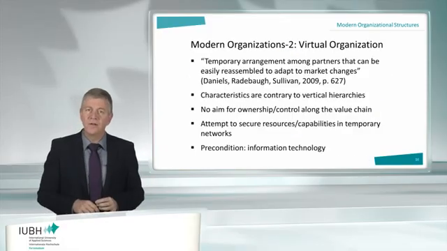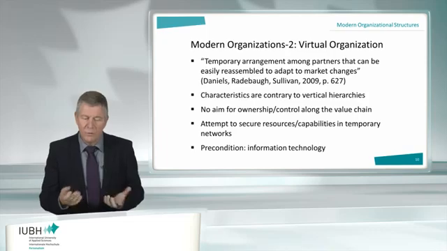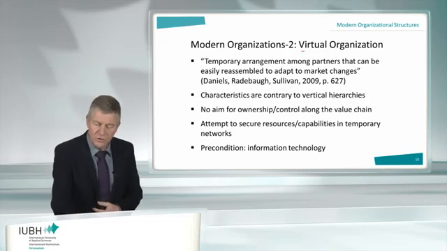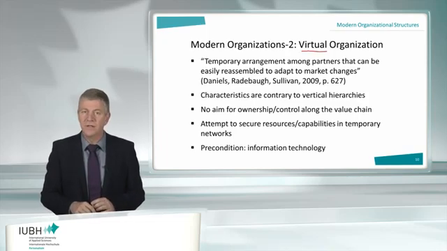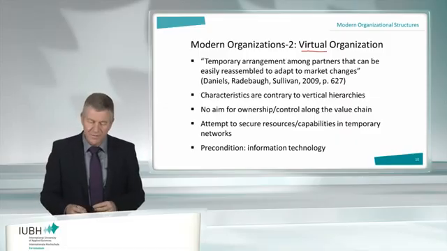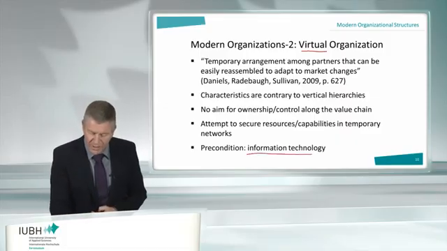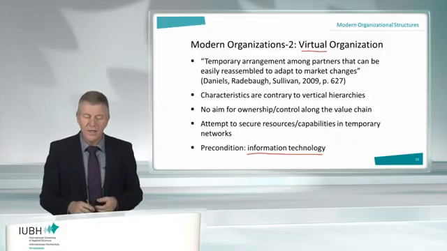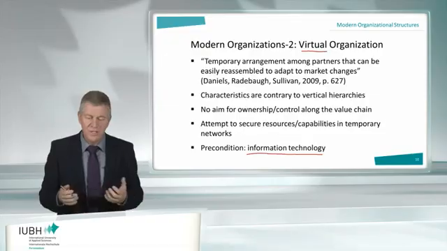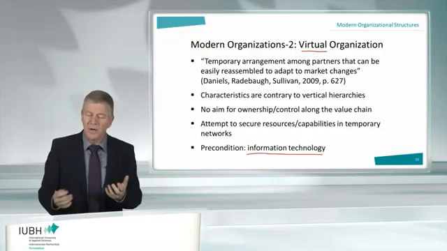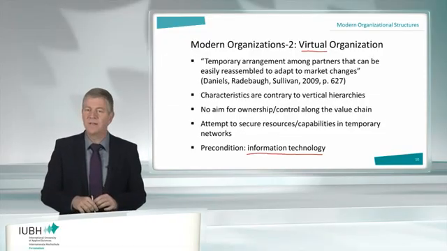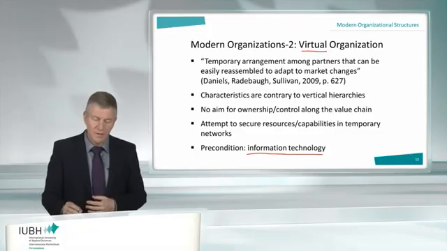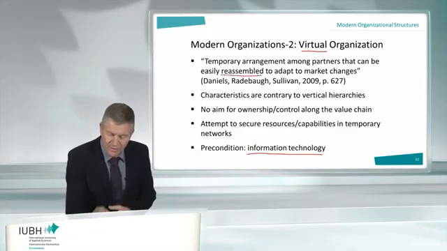A second organizational structure that is very modern is the so-called virtual organization. It's not pretty much different to the network structure, but it's heavily dependent on information technology. We understand a virtual organization as one that is seen to be a temporary arrangement among partners that can be easily reassembled to adapt to market changes. And the emphasis is on reassembly.